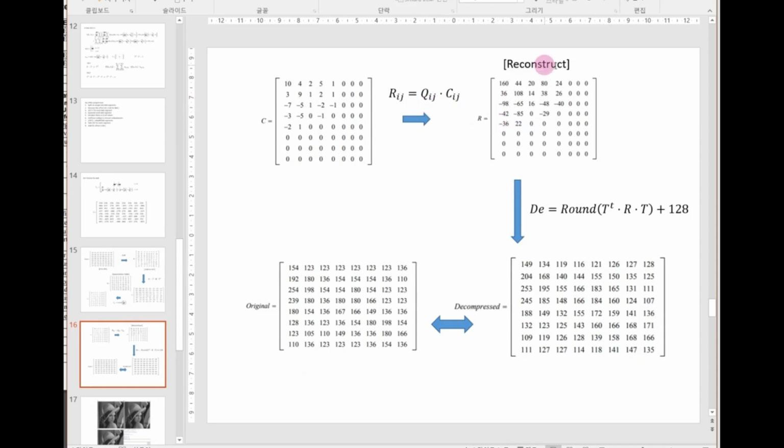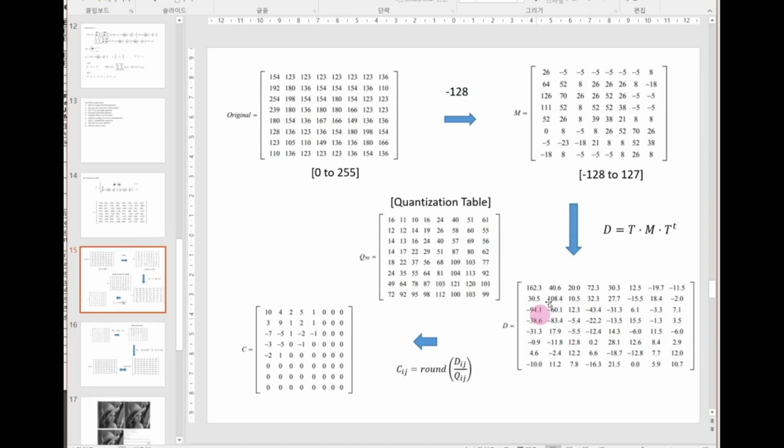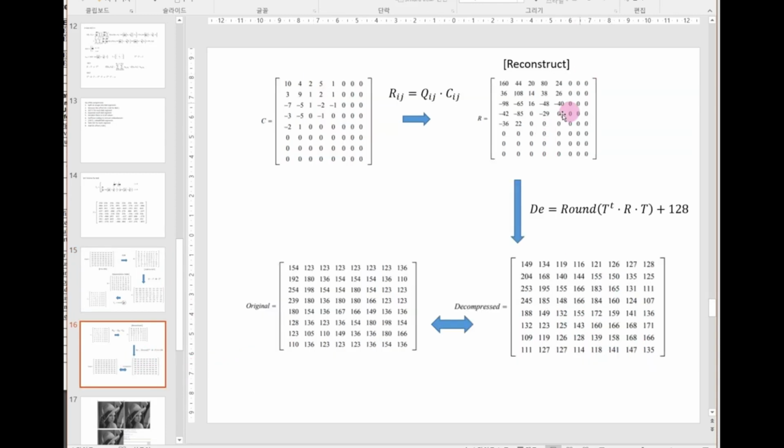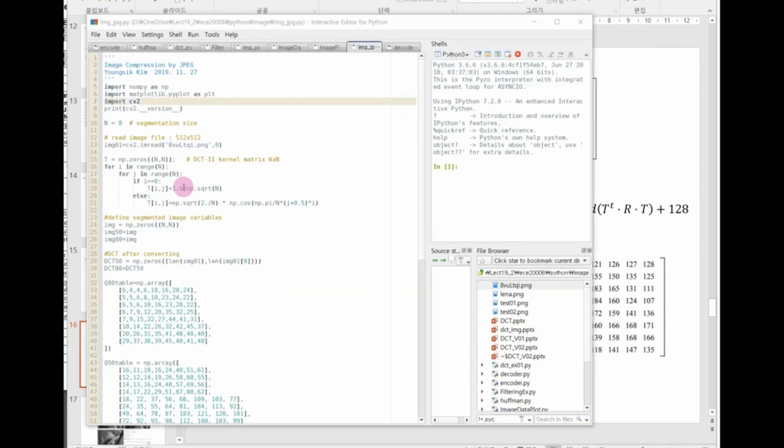Then this is a reconstructed version of the DCT, so the DCT is approximated in this way. Most of the zeros are dropped. Then we take the inverse DCT and add the offset, and we recover the image, which can be almost the same as the original image. Here is a Python example to demonstrate JPEG image compression.